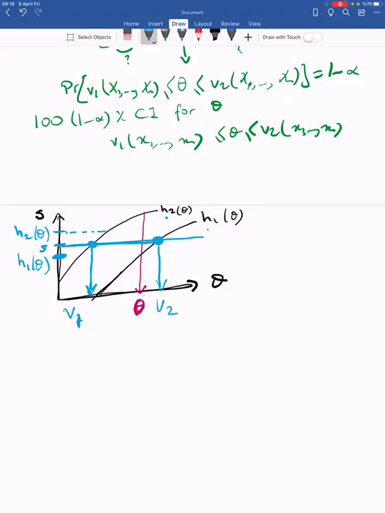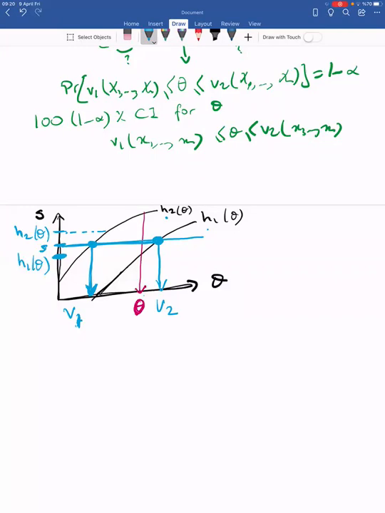So basically we want to find these v1 and v2 functions where s is on this line. So what is the value of h2 theta? When we obtain s, we obtain v1 here, and it will be the lower bound for theta. So using the upper bound for s, we are obtaining a lower bound for theta.